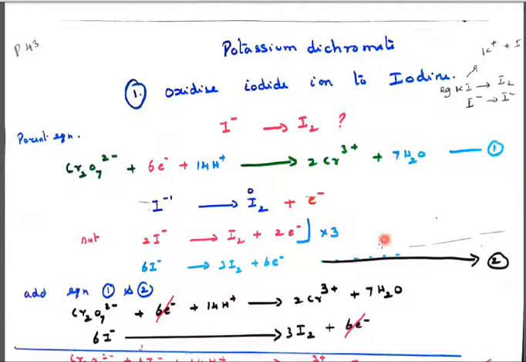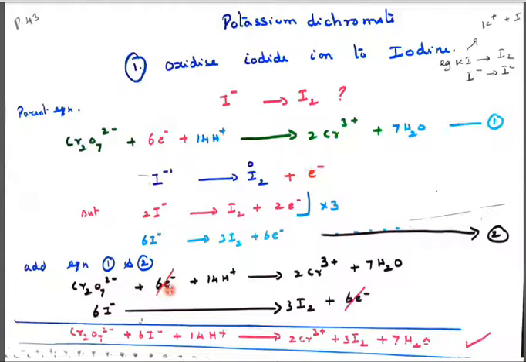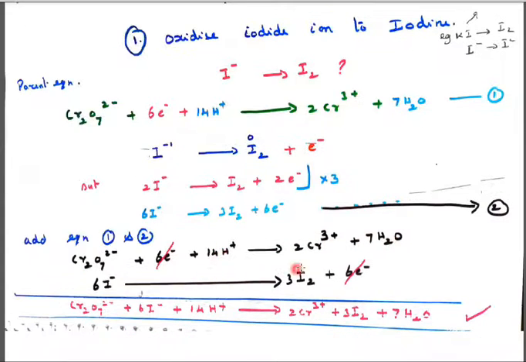Now add the first equation and the second equation. The first equation: Cr2O7 2 minus plus 6 electrons plus 14H plus gives 2Cr3 plus plus 7H2O. The second equation: 6I minus gives 3I2 plus 6 electrons.